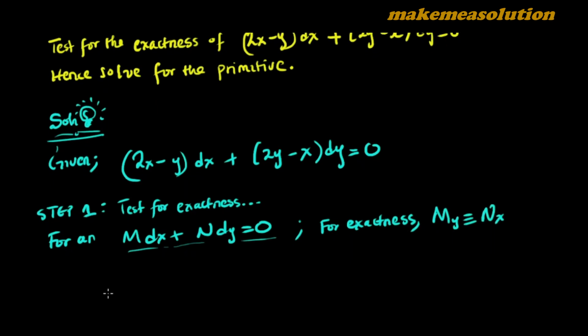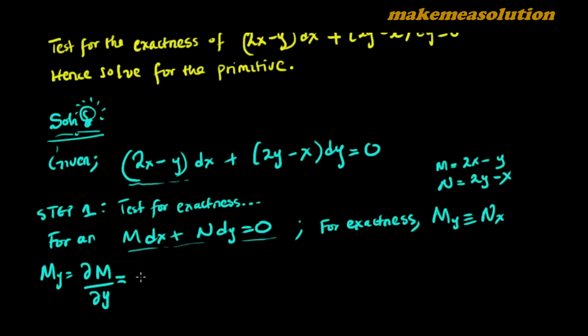Okay, so My is the partial derivative of what? M with respect to y, and this clearly is our M. Okay, so M is 2x minus y and N is 2y minus x.